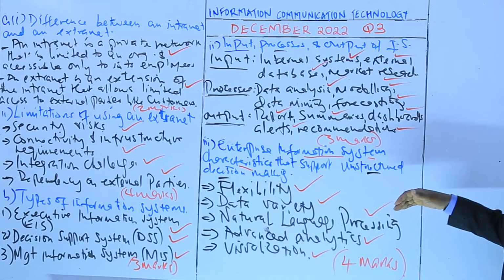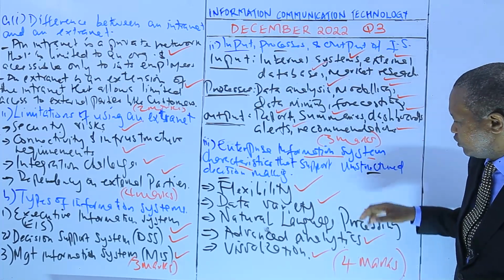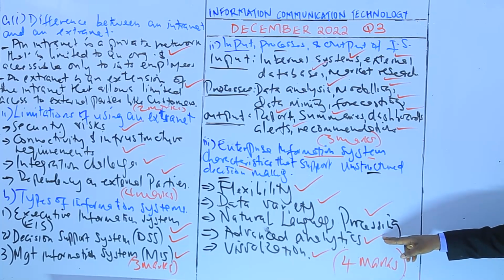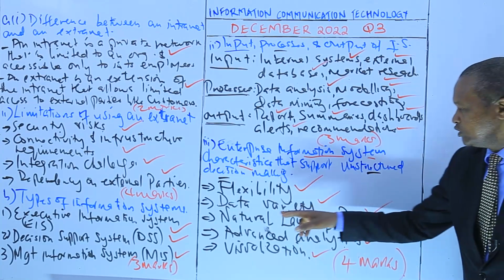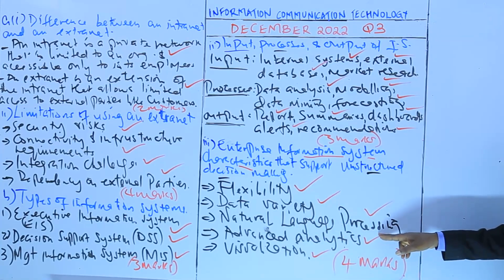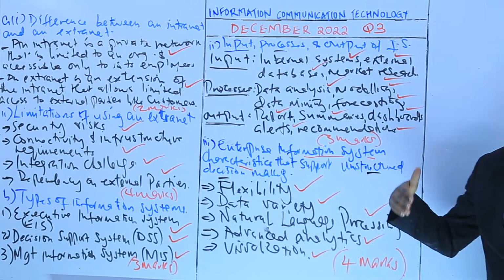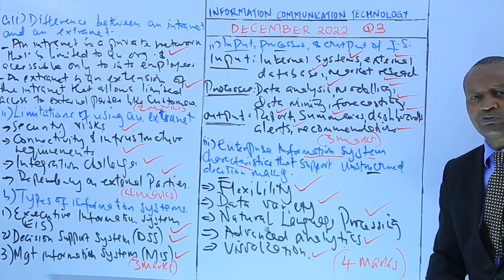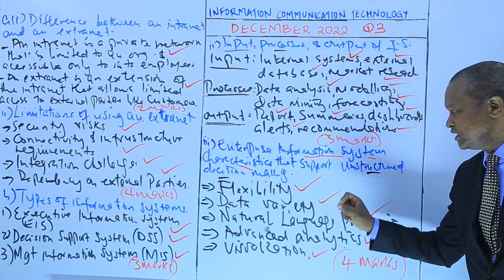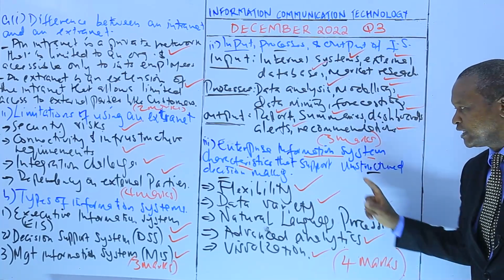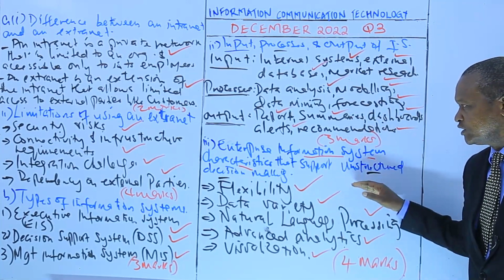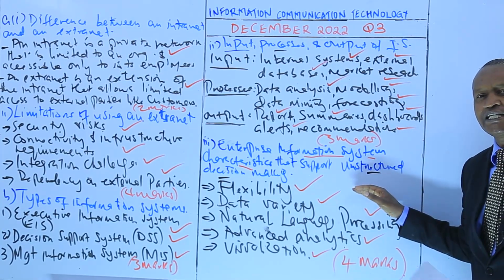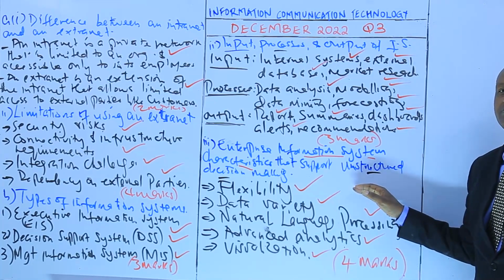Such systems use natural language processing techniques to identify trends, the sentiments of customers, and patterns in text. So that is one example, the text analytics system.